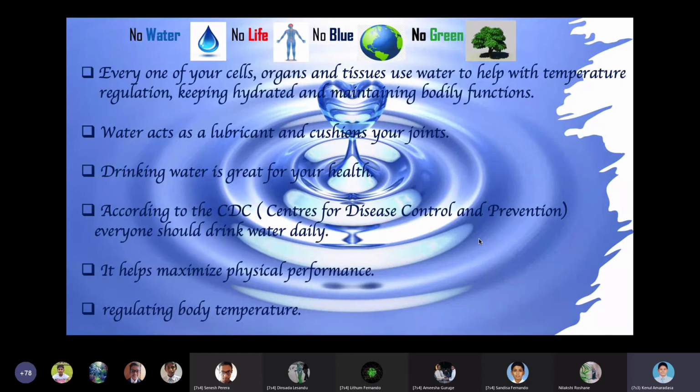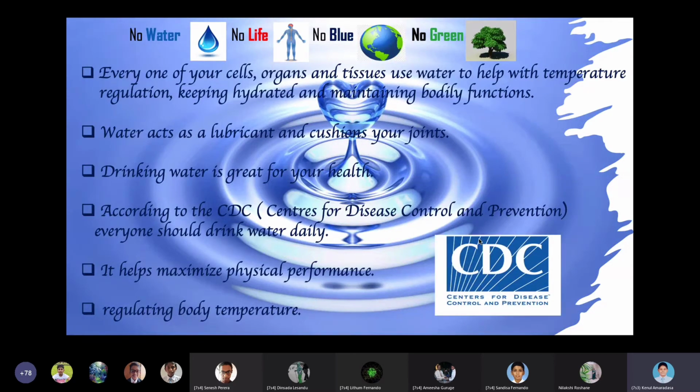Water acts as a lubricant and cushions your joints. Drinking water is great for your health. According to the CDC, the Centers for Disease Control and Prevention, everyone should drink water daily. It helps maximize physical performance and regulate body temperature.